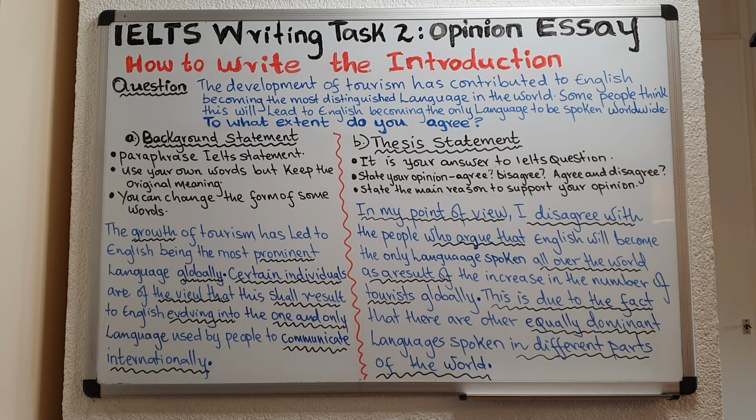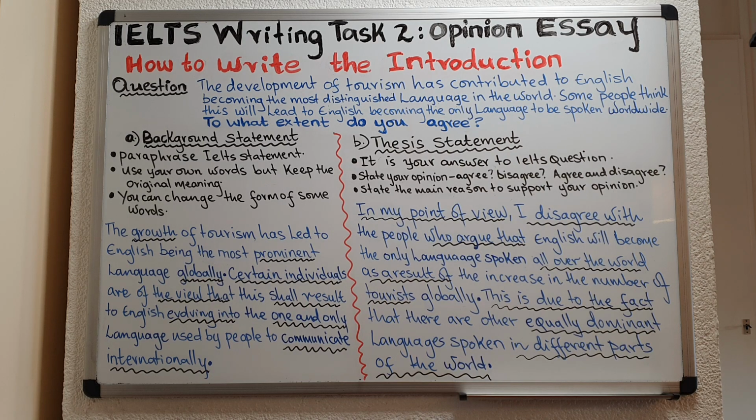In my point of view, I begin with in my point of view because I want to state my opinion. After that, I state my opinion. In my point of view, comma, I disagree with people who argue that English will become the only language spoken all over the world as a result of the increase in the number of tourists globally.